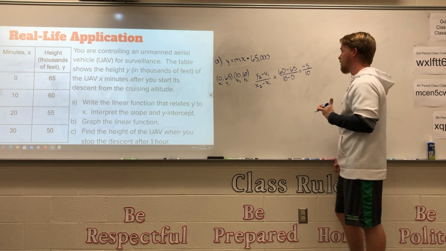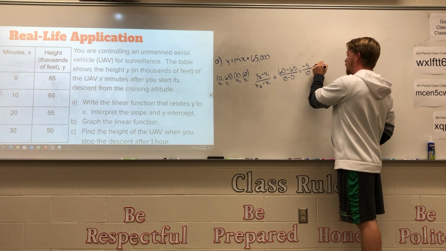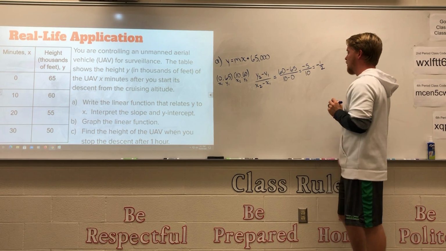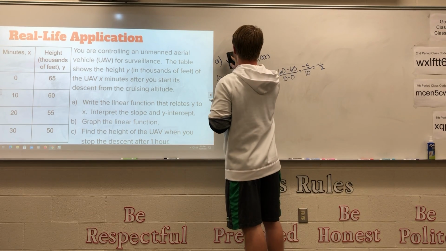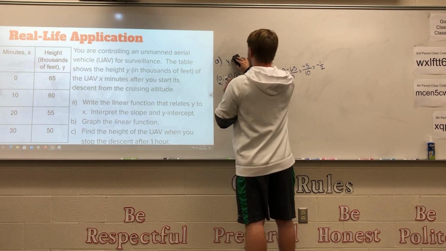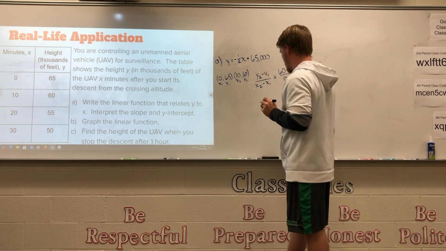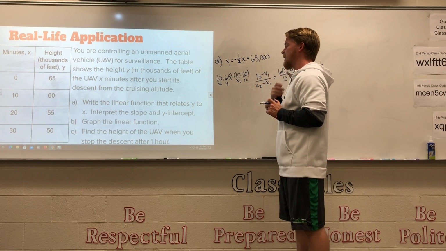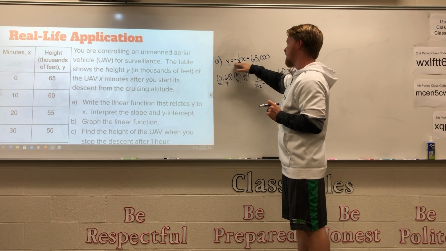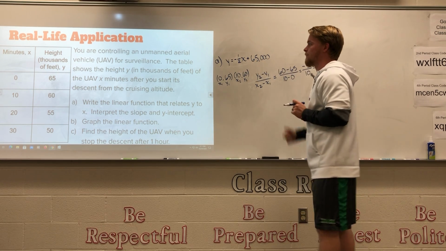Then I have to see if it can reduce, which this one can. Negative 5 over 10 reduces to negative 1 over 2. So there is your slope. That's what we're plugging in for m, negative 1/2. So there's your first part. Write the linear function that relates y to x. There's your answer: y equals negative 1/2 x plus 65,000.